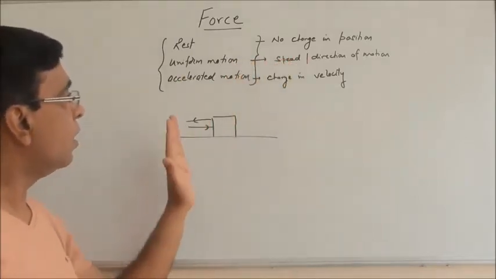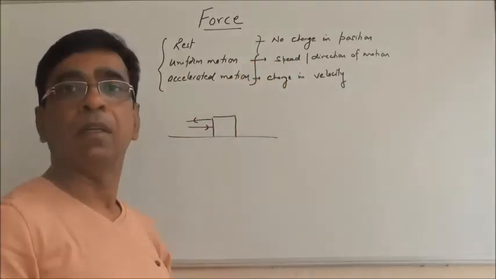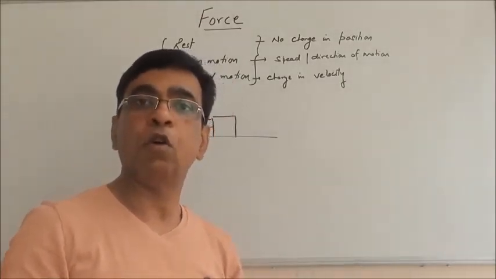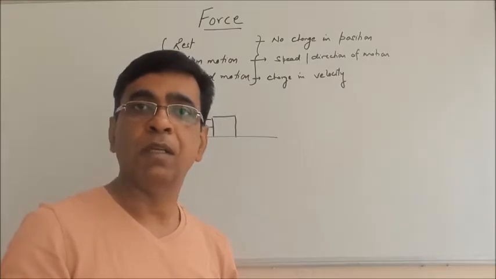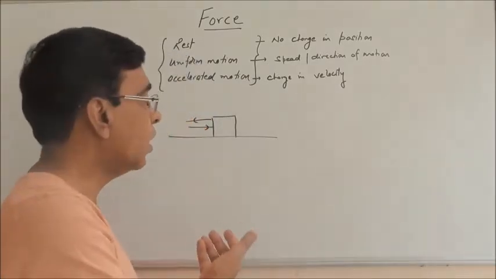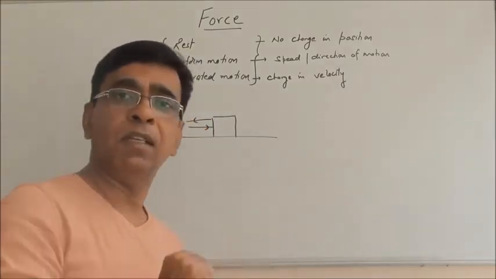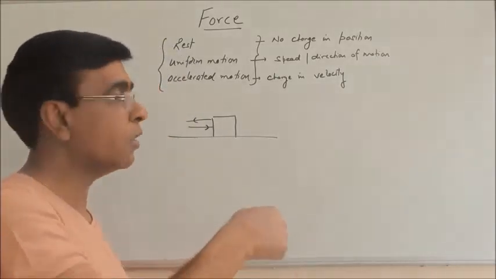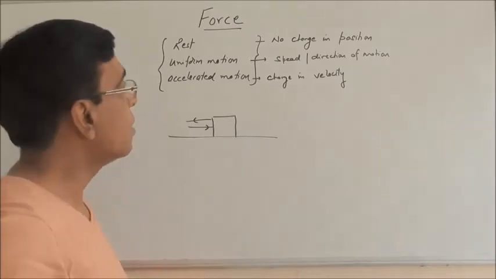Same way, if it is moving with some speed and I want to increase its speed or reduce its speed, then again, either I have to push it, and the speed will increase, or I pull it in the opposite direction and the speed will decrease.